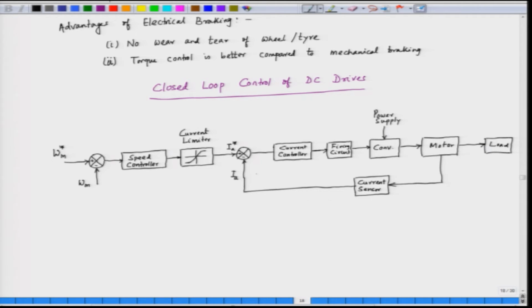Now, we have an inner loop here. The inner loop is a current loop, and in the outer loop we have a speed loop. The speed of the motor is sensed.